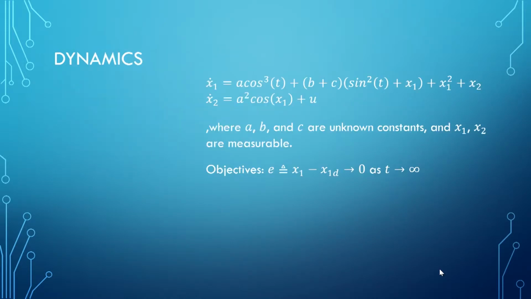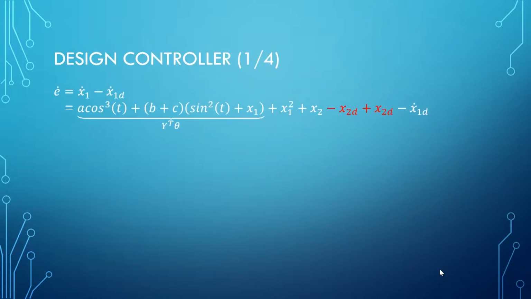The original question is, given these two systems, using backstepping approaches, we expect you to do a tracking control for x1 to track x1d in the system where a, b, c are unknown constants. So you need to use backstepping and adaptive approaches to design the controllers. This is for the first system.